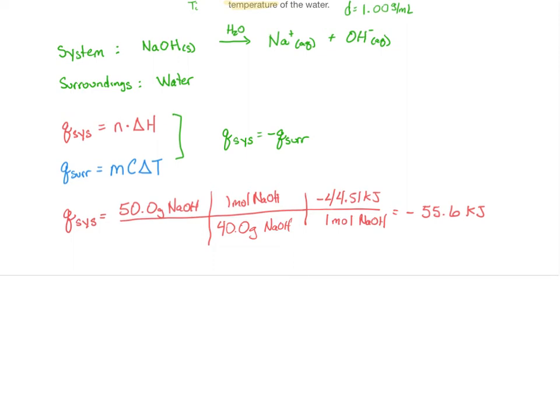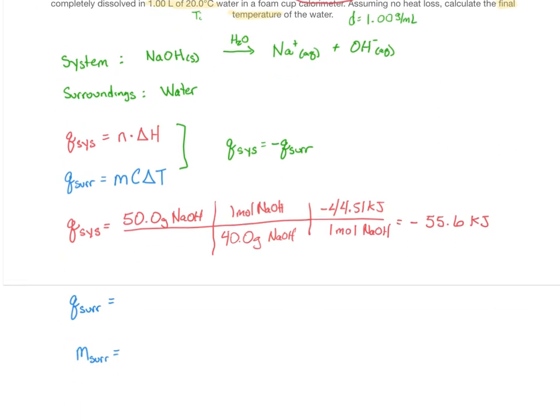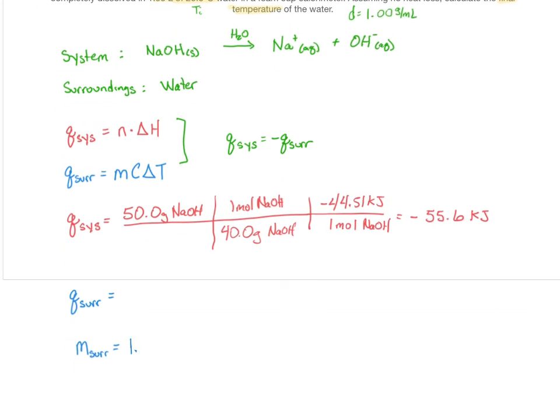So now I can move to Q of the surroundings. Q of the surroundings is going to be equal to the mass of the surroundings, which we're going to have to give ourselves a minute. Our mass of our surroundings is going to be 1 liter of water.